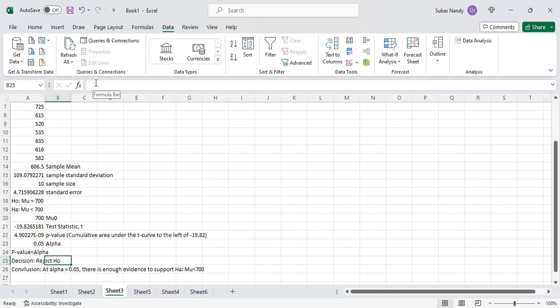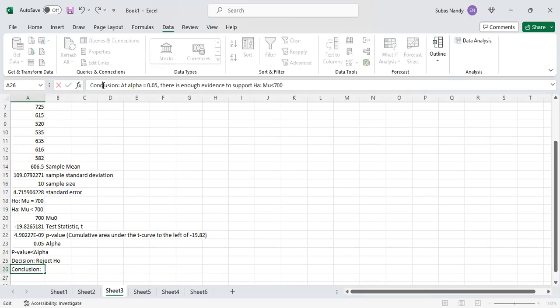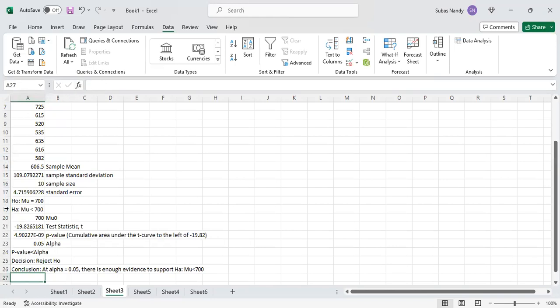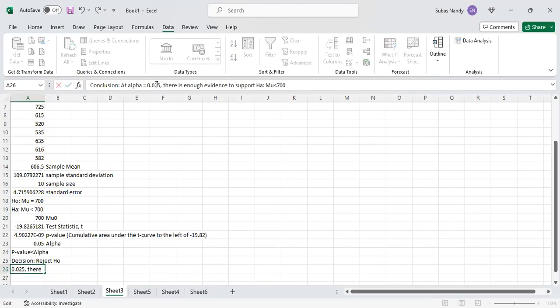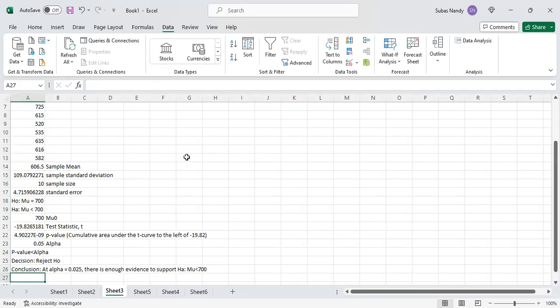If we reject H0, then our conclusion is at alpha equal to 0.025, there is enough evidence to support the alternate, mu less than 700, because we have rejected the null hypothesis.